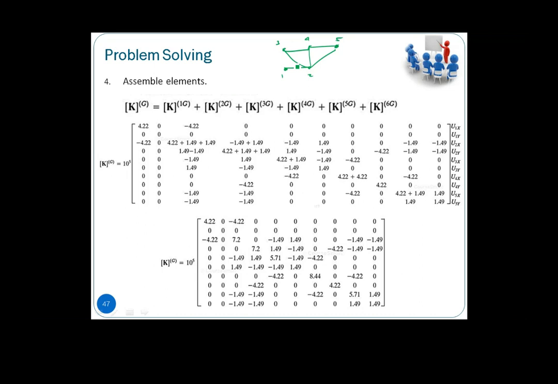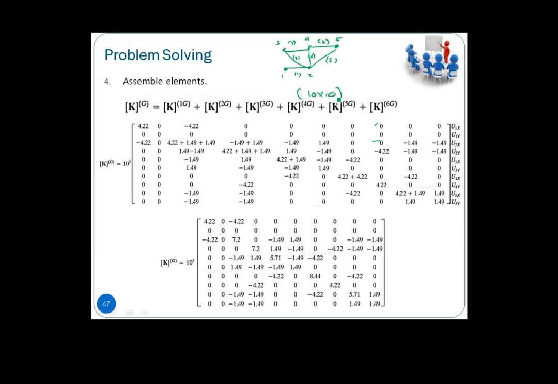This is our element number 1, this is element number 2, element number 3, number 4, number 5, number 6, right? As I mentioned, we have 5 nodes, and each node covers 2 directions, X and Y. So our global stiffness matrix will be a 10 times 10 matrix.